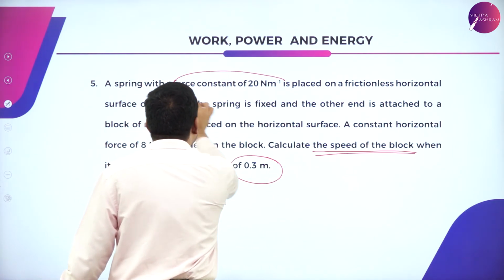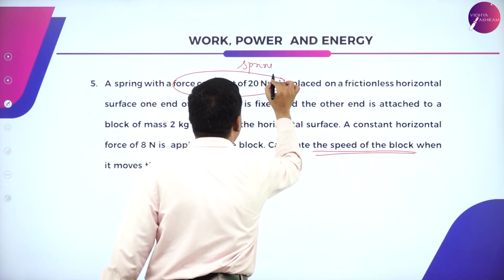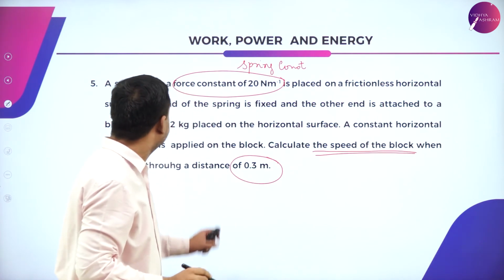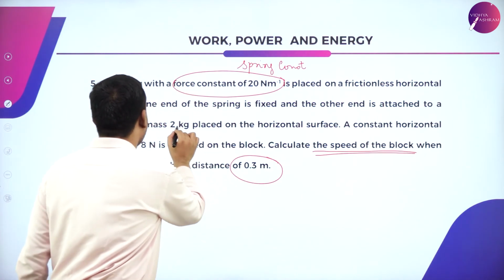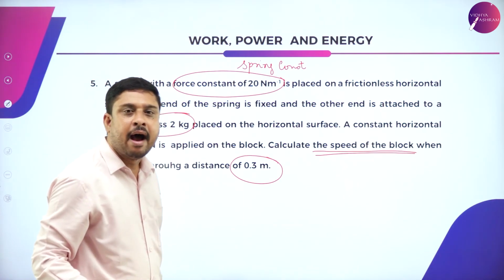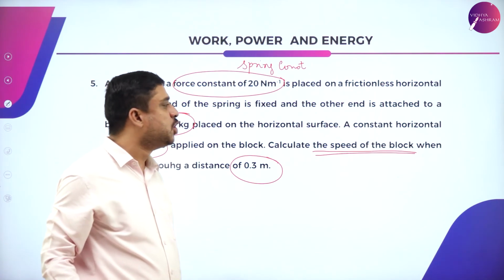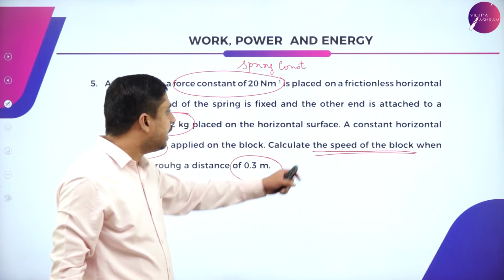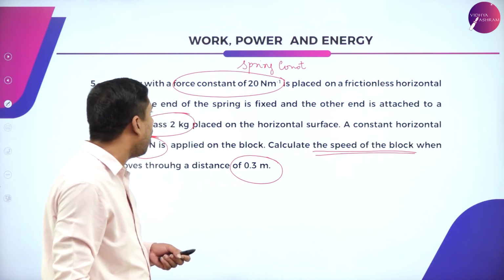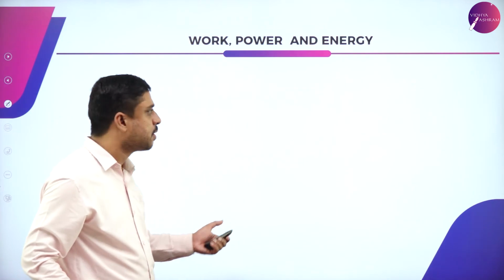The force constant, or what is also called spring constant, is mentioned. The mass of the block is 2 kgs. Applied horizontal force is 8 Newton. Here I have to calculate the speed of the block when it moves through this distance.